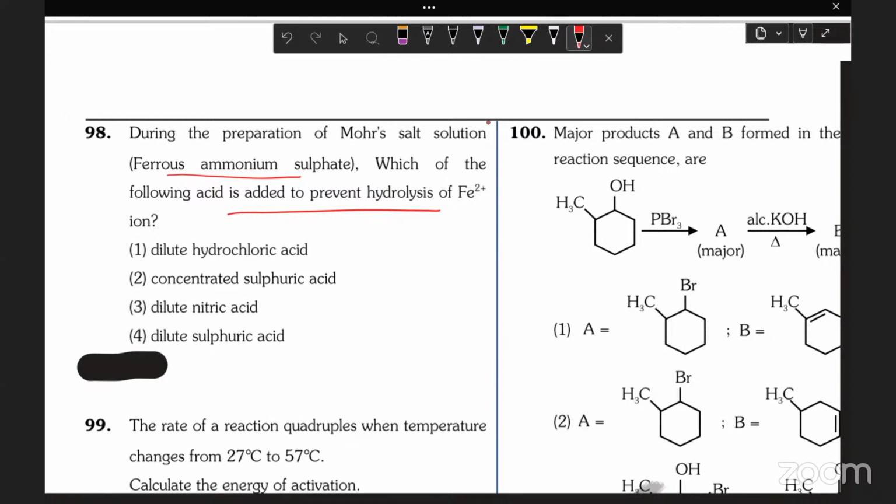It is a very common question that our respected teachers ask us in the viva: why do we add only dilute sulfuric acid? Why not other acids? Dilute hydrochloric acid interacts with the KMnO4. With this other acid, again the same problem.